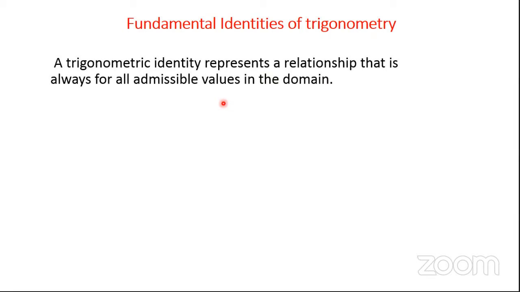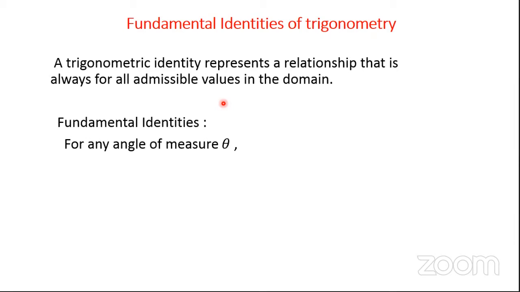So which are the identities? Three fundamental identities are there. For any angle of measure theta, first identity is sin square theta plus cos square theta is 1. Second identity, 1 plus tan square theta is equal to sec square theta.